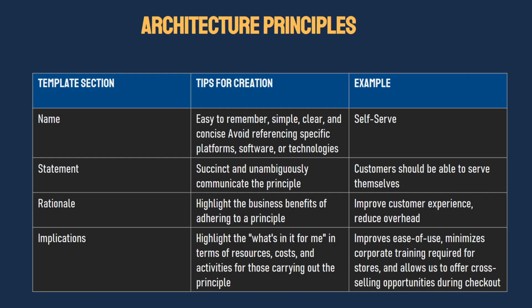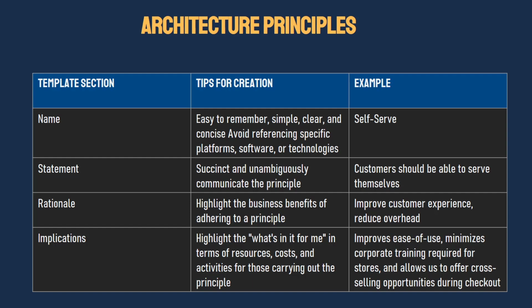Rationale is included to help the business benefit of adhering to the principle become known. In my example, if we had self-serve, it would improve customer experience and reduce our overhead. The implications section talks about what is in it for us in terms of resources, costs, and activities for those carrying out the principle.